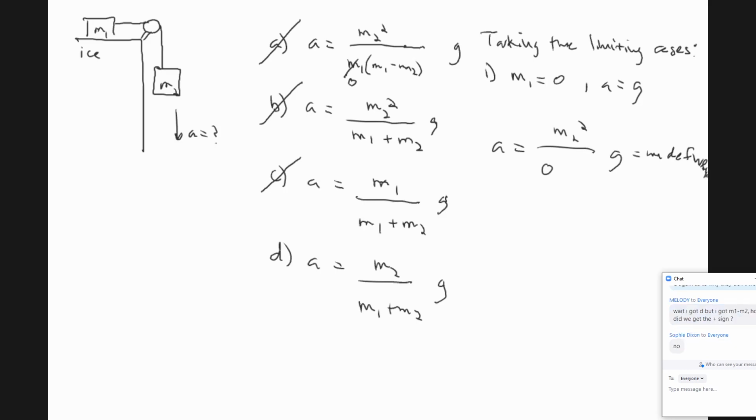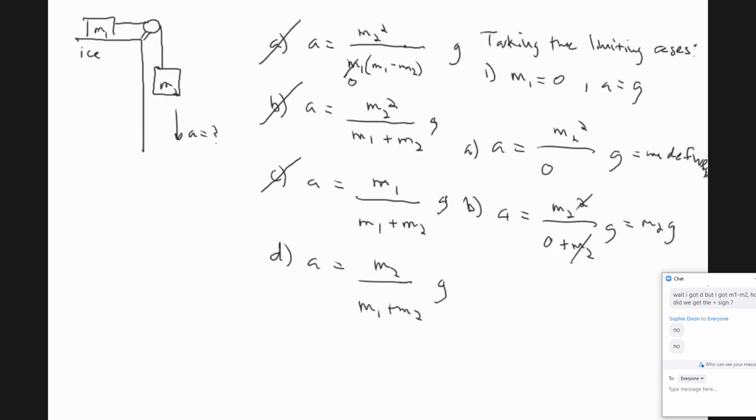Yes or no? Okay, that's why it's gone. That was A. B, acceleration is equal to m2 squared all over 0 plus m2 times g. That's m2g. Is that even an acceleration? No, that's a force. That's why that's gone.